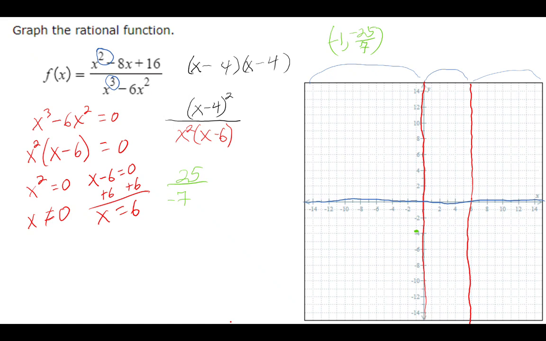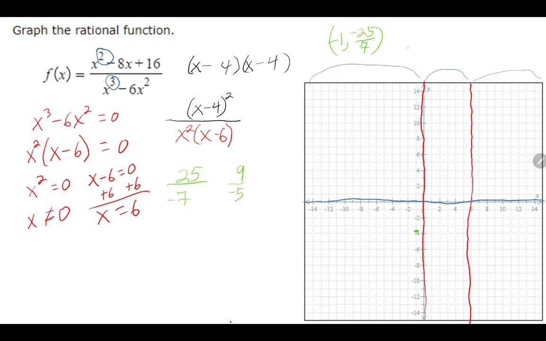All right, so then I want to choose something. I can't choose 0 because that's one of my asymptotes. So I'm going to choose 1 just because it's fairly easy to work with. 1 up top is going to give me 1 minus 4 is negative 3, so that's going to give me a 9. And then 1 is still going to be 1. 1 minus 6 is going to be negative 5.